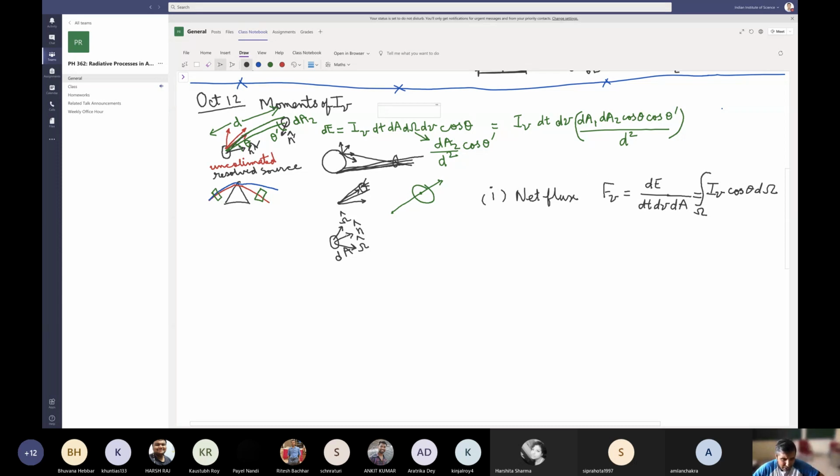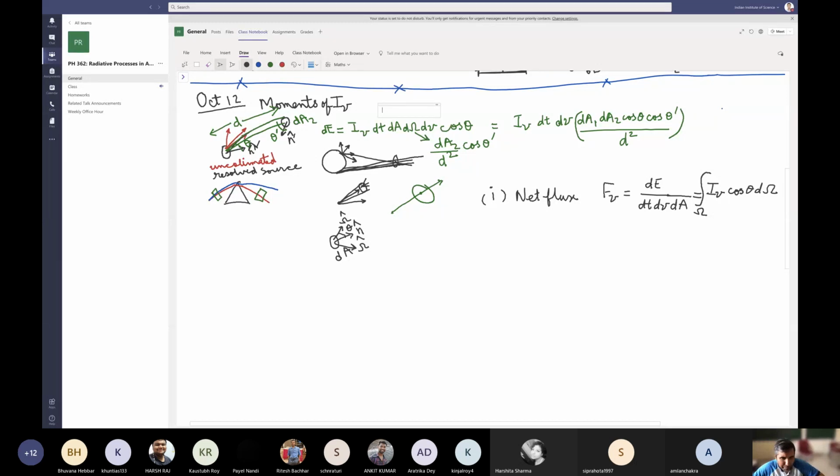So this is a surface, and theta is like a variable. Theta changes for all directions, so theta goes from 0 to pi, and the angle phi covers the whole solid angle. So you can use spherical coordinates.